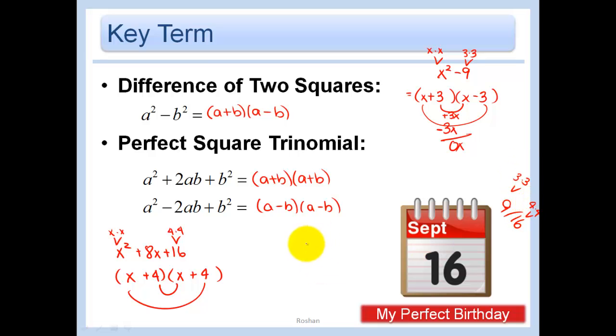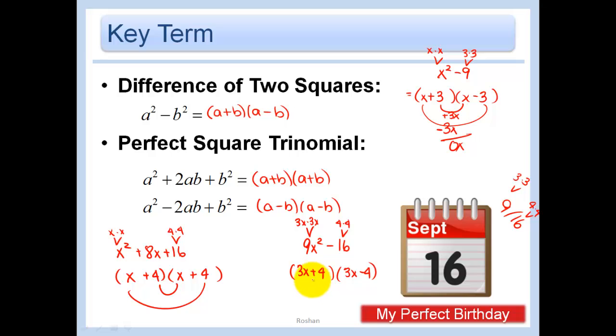So if I ever asked you to factor 9x squared minus 16, the difference of two squares, I would expect you to be able to do that problem without any difficulty. Since 9x squared is just 3x times 3x, and 16 is just 4 times 4, then that factors into 3x plus 4 and 3x minus 4.